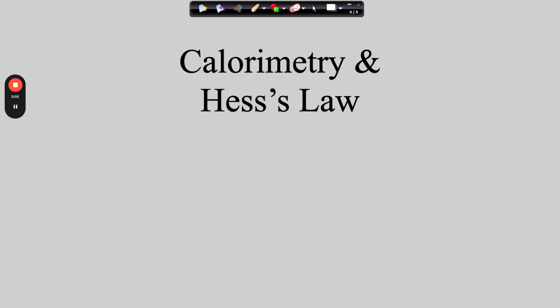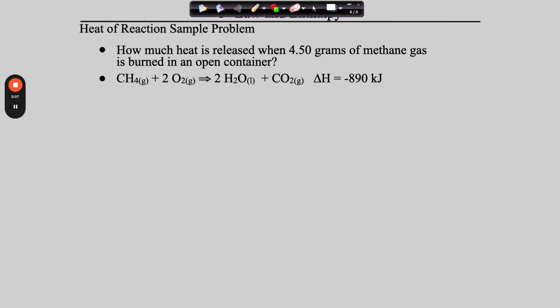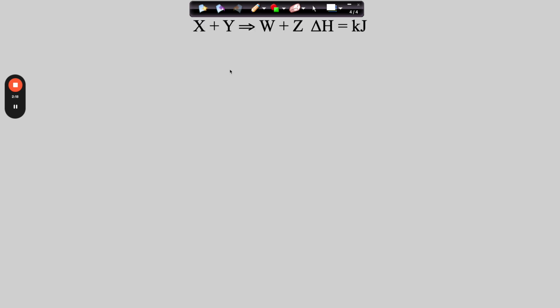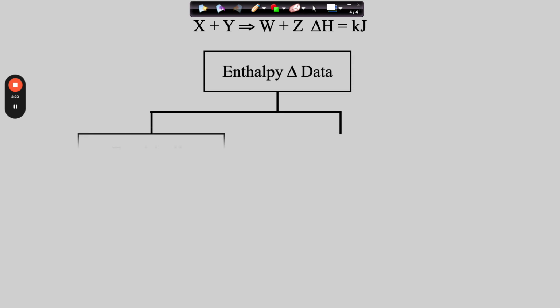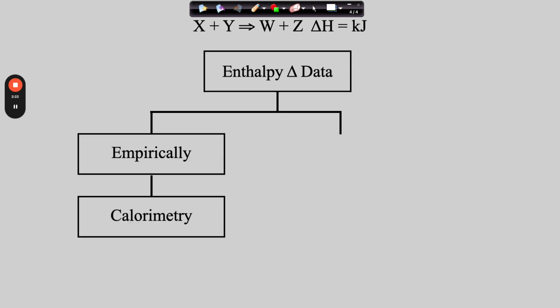So guys, with that said, where do we get started? And the idea is this. You don't need to write any of this down, but just let's be really clear. Guys, the question that we're asking is, where do these numbers come from? And again, the answer is this. We can get this data empirically. That is called calorimetry.